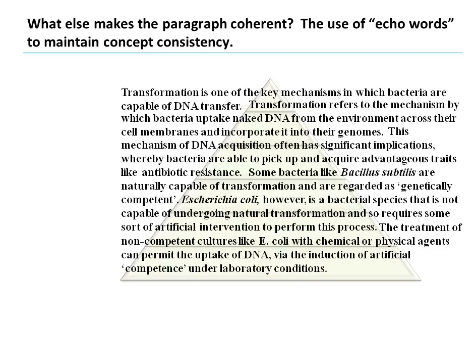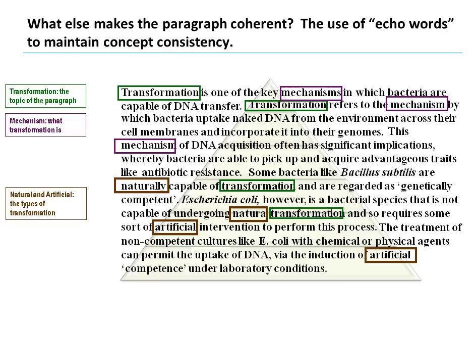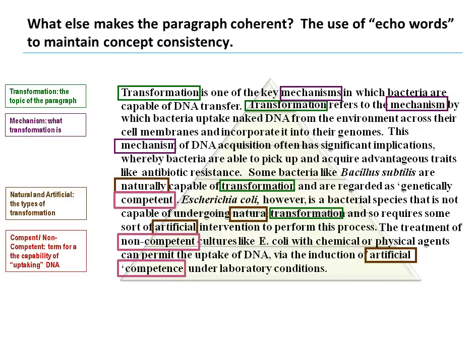Now, what makes this paragraph coherent? It's the use of echo words to maintain concept consistency. Transformation, that's the topic of the paragraph. Mechanism, that's what transformation is. Natural and artificial, the two types of transformation. Competent and non-competent, a term for the capability of uptaking DNA.